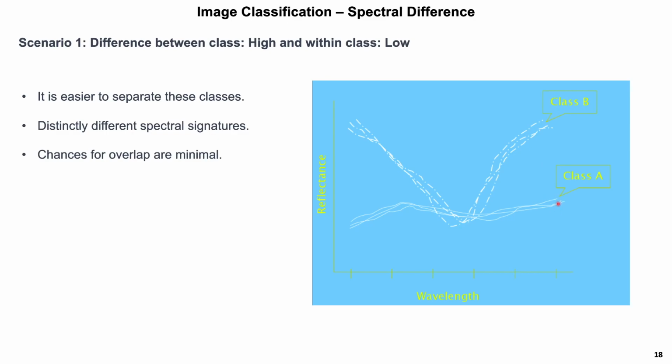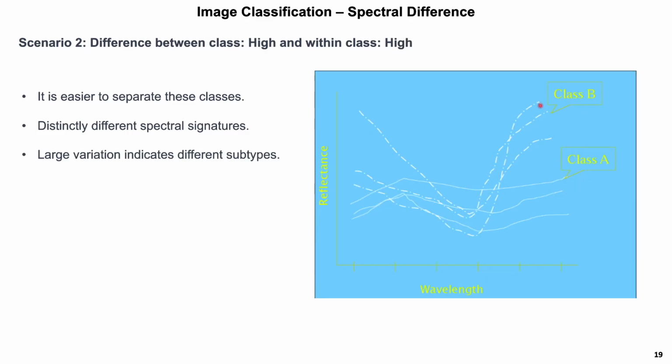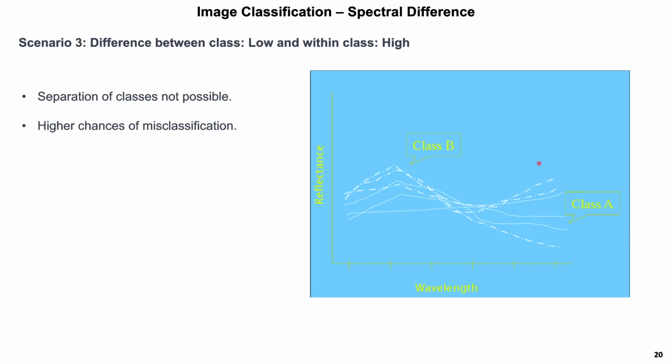That is scenario one. In scenario two, intra will also be high and inter will also be high, so that you can still separate. And in the worst case scenario, you will not be able to separate. Everything will be mixed up like this.